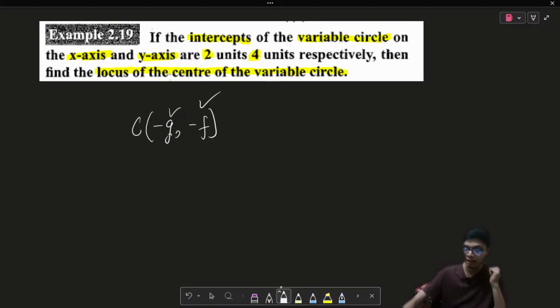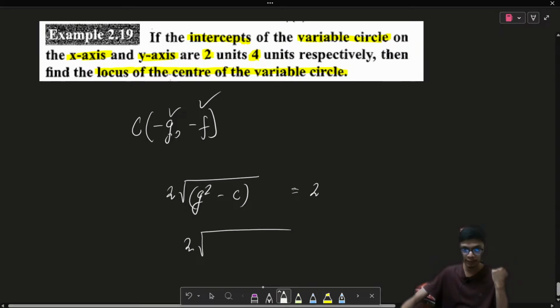So over here, if I consider my center as minus g comma minus f, we have already studied the x intercept to be 2 times the square root of g square minus c, and that is equal to 2, and similarly 2 times the square root of f square minus c is equal to 4, right?